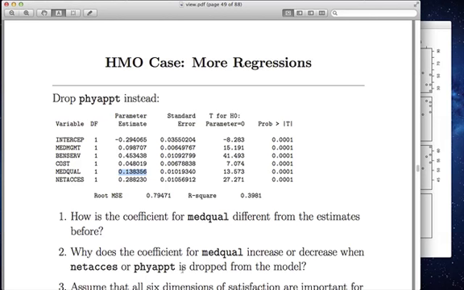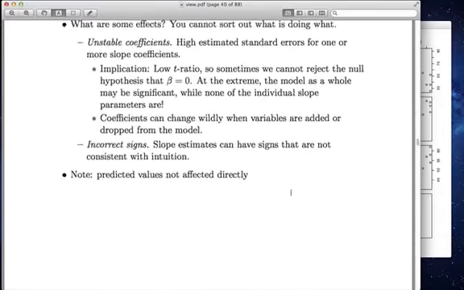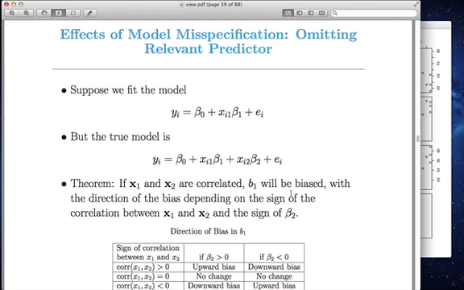Why does this coefficient increase or decrease when network access or physician appointments is dropped from the model? The answer is multicollinearity. It all goes back to this slide. So this slide shows biases. Now, we know that we have positive correlations between all the variables.